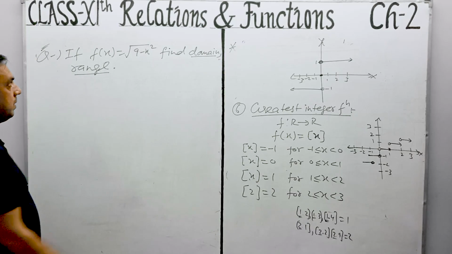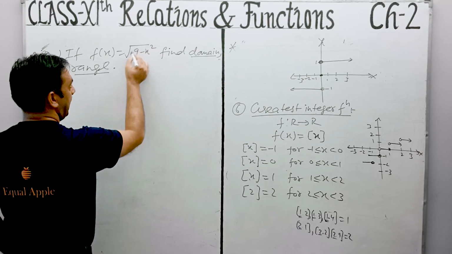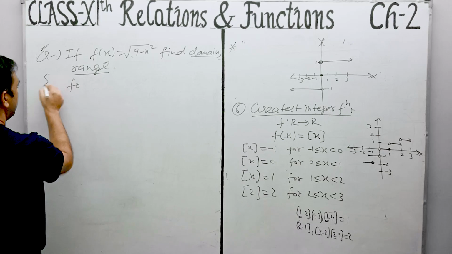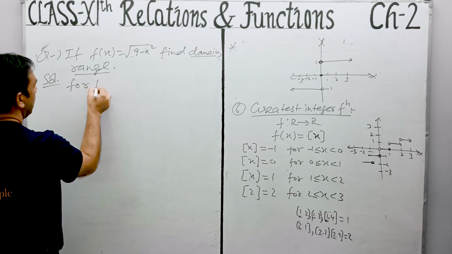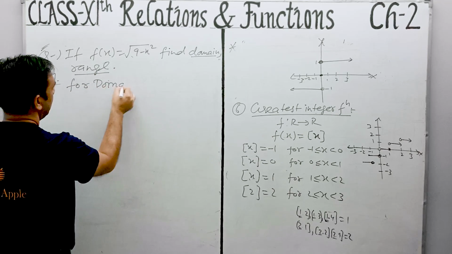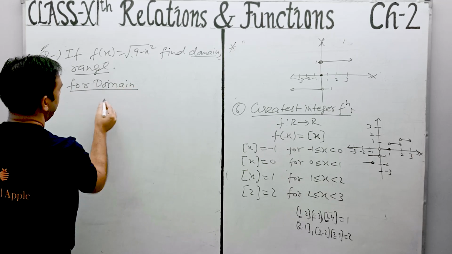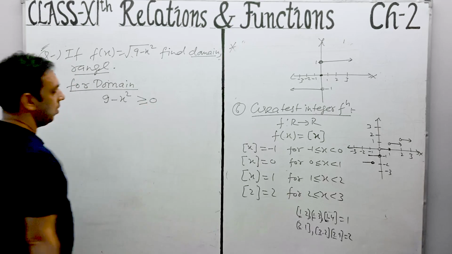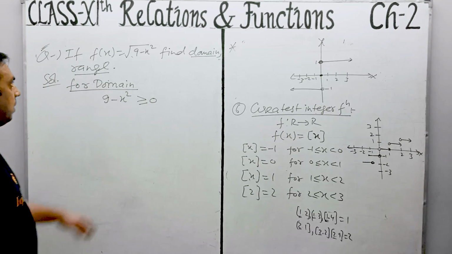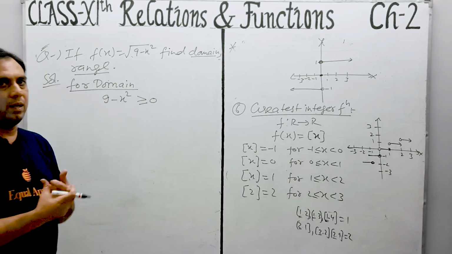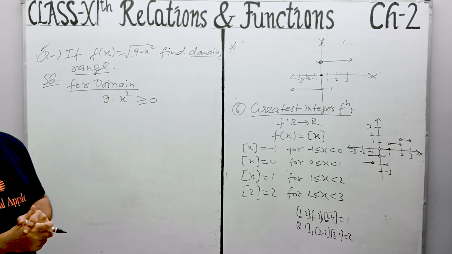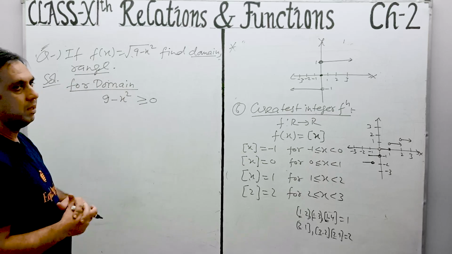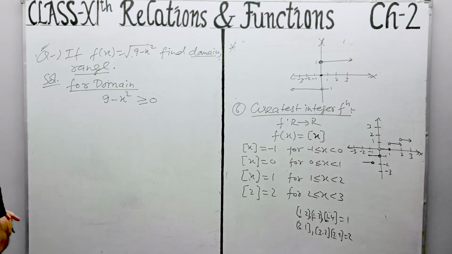The domain is the set of values of x for which 9 minus x squared is defined. For the domain, 9 minus x squared is always greater than or equal to 0, because inside a square root the value cannot be negative, since a negative value is not real. The function must be defined for real values.